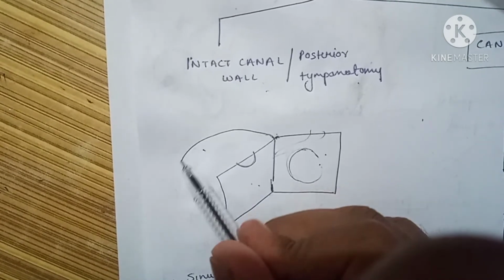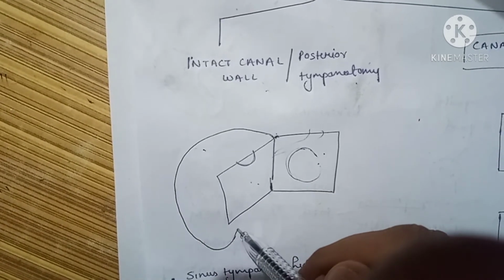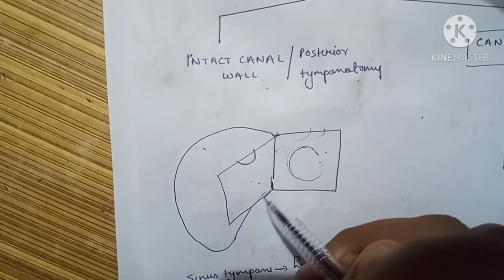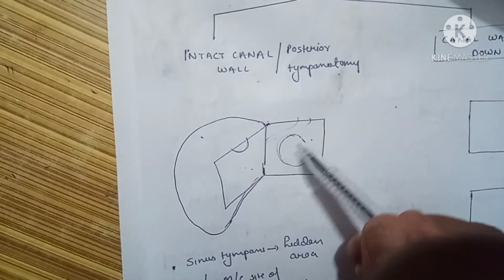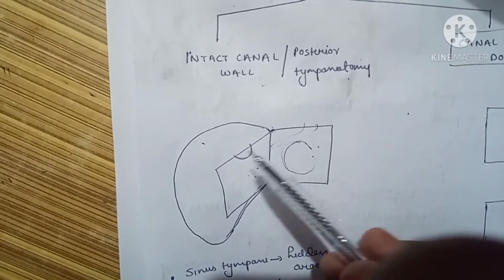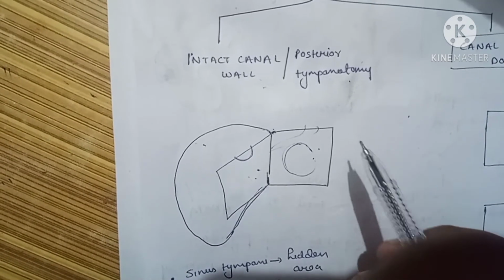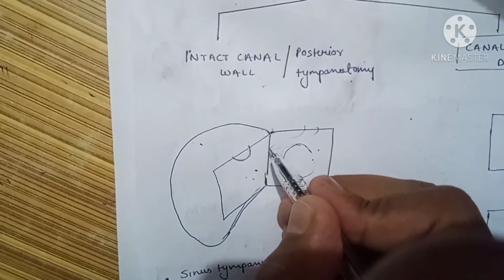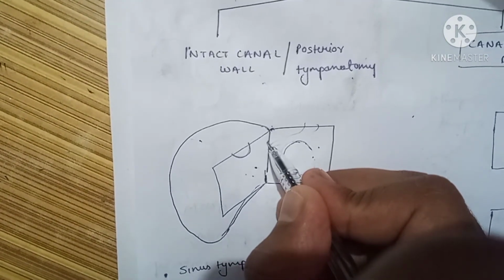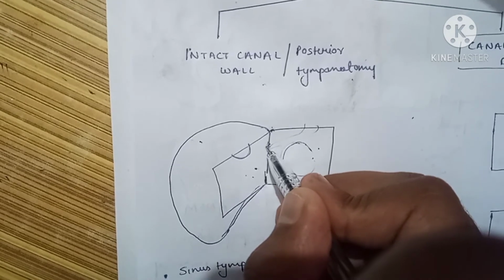So let's try to draw the mastoid. This is our mastoid, and this is the middle ear. Here the medial wall and posterior wall of the middle ear are shown, and this is the mastoid cavity. Now we are trying to remove the disease from the middle ear. Let's draw the main landmark structures in the posterior wall because they are of importance.